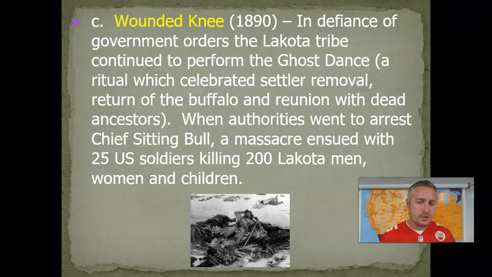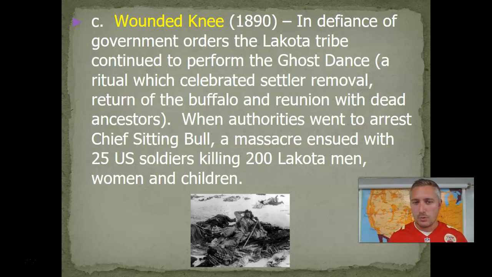This, I think, is the worst one in my mind, 1890, and that is Wounded Knee, today in South Dakota. The Lakota tribe had been told by local authorities that they needed to quit performing what they refer to as the ghost dance. This was a ritualistic dance in which they pray and dance for ancestors that had passed on.